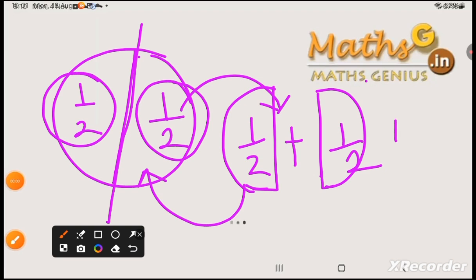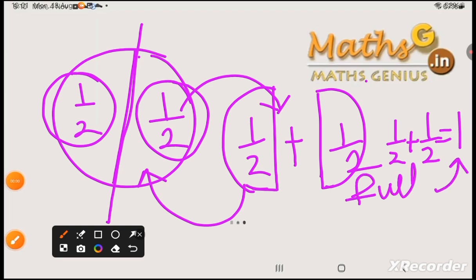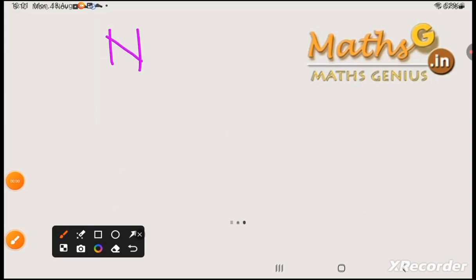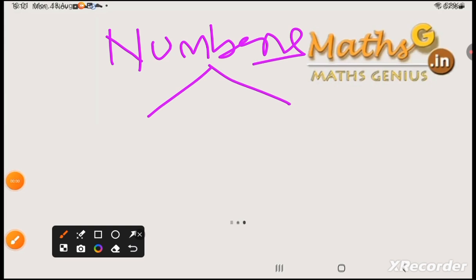So what does it mean mathematically? Half plus half will again come back as 1, which we say is full, or otherwise whole. Whole of the cake, or full cake. So going back, numbers can basically be of two types.